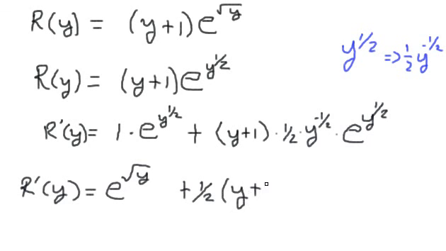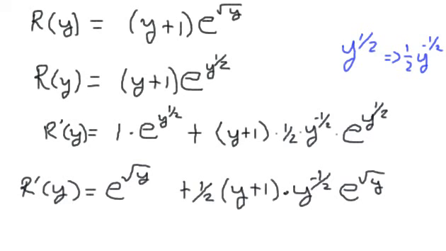We have y plus 1, and this is y raised to the negative a half, and we need to take that down into the denominator. Actually, I'm going to rewrite this one more time: e to the square root of y.